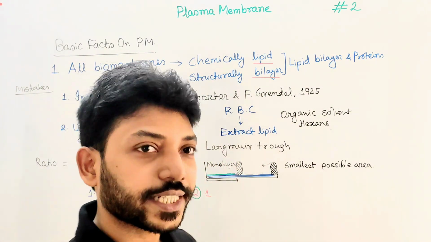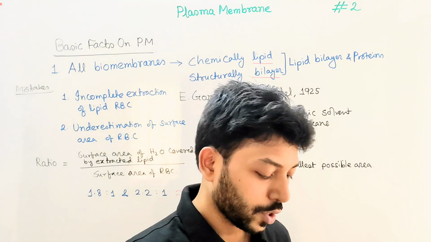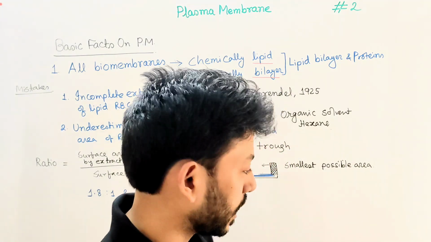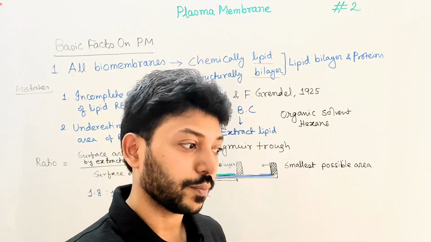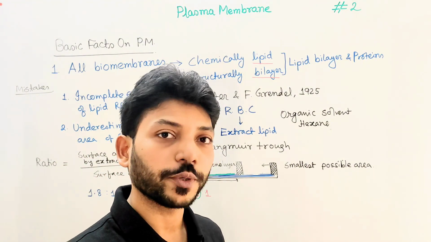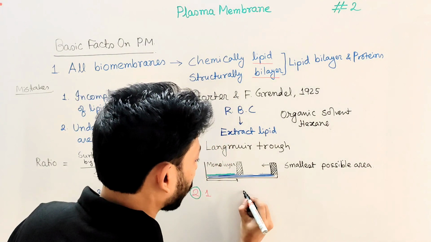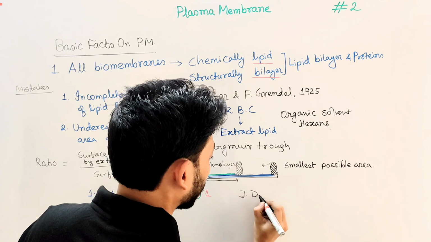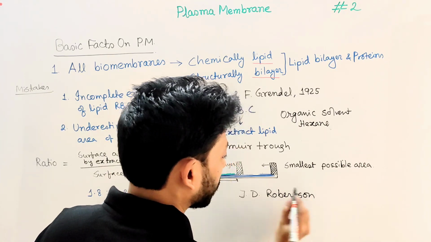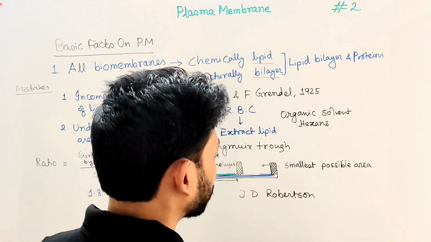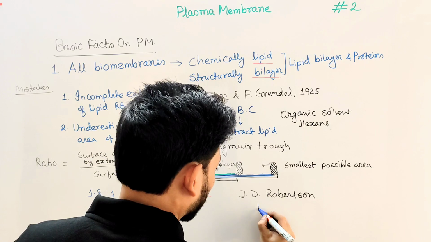Now this is indirect evidence, but the direct evidence came in the late 1950s, when J.D. Robertson, another scientist at Duke University, took the first image of red blood cells by electron microscopy, because the electron microscope was developed in the late 1950s.